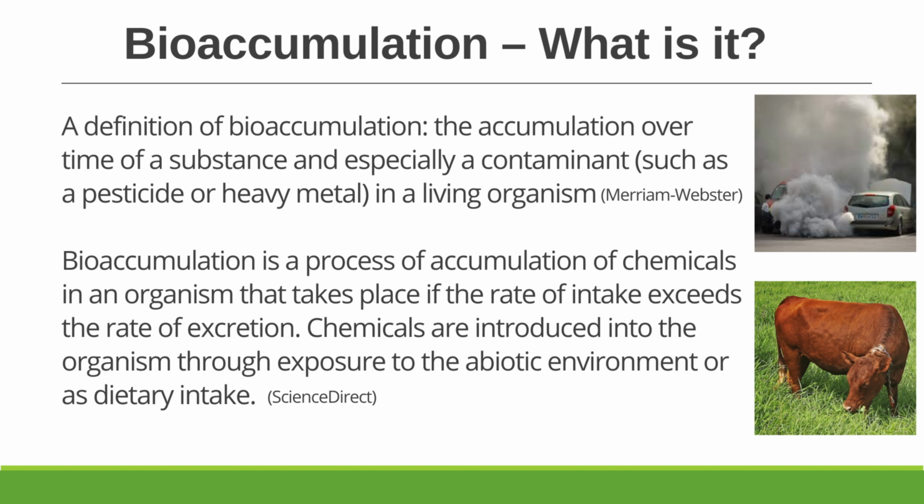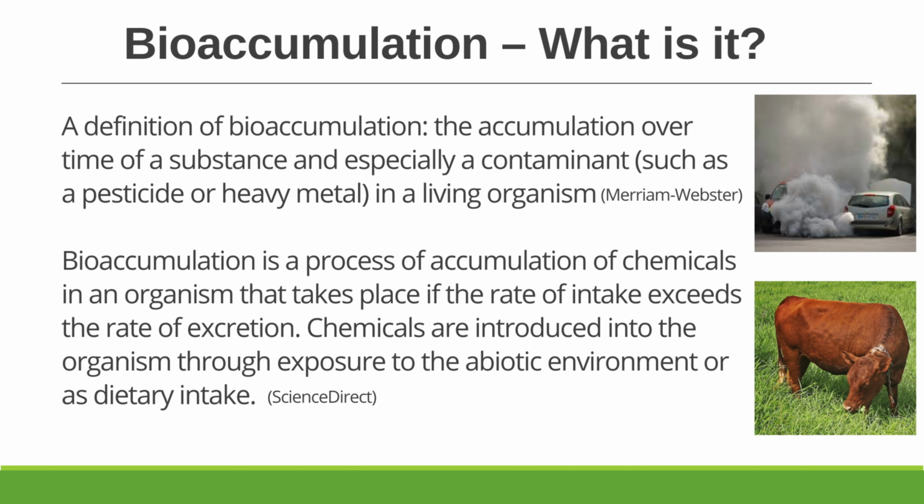Bioaccumulation, what is it? A definition of bioaccumulation. It is the accumulation over time of a substance, and especially a contaminant, such as pesticide or heavy metals, in a living organism. Bioaccumulation is a process of accumulation of chemicals in an organism that takes place if the rate of intake exceeds the rate of excretion.